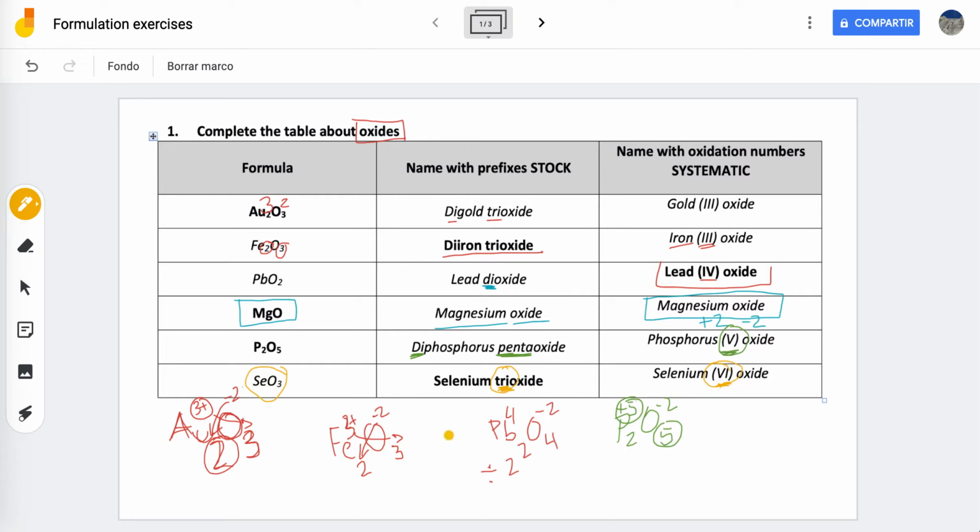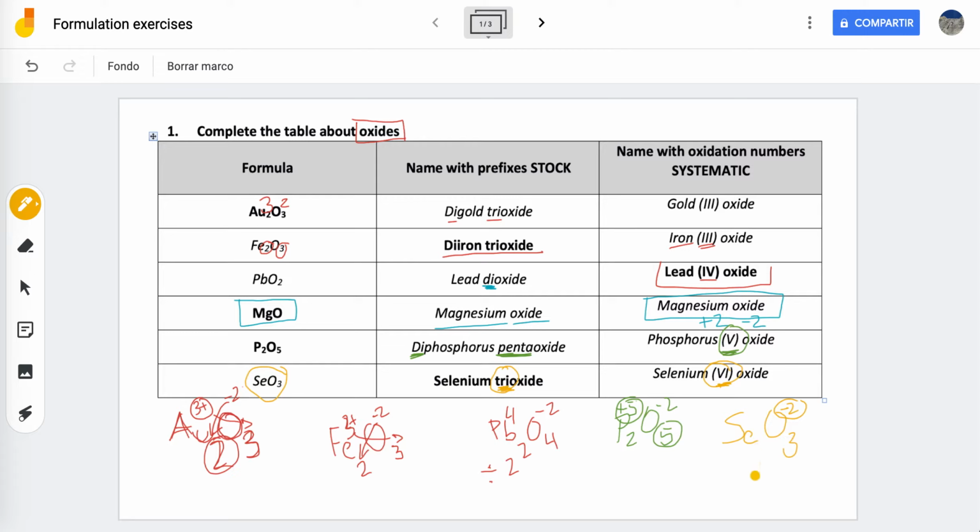Okay, good. So we have selenium 6 oxide. Okay, selenium and then 3 oxygens. So since we have here oxidation number -2, the question is, why is there no 2 here? We divided by 2 already.